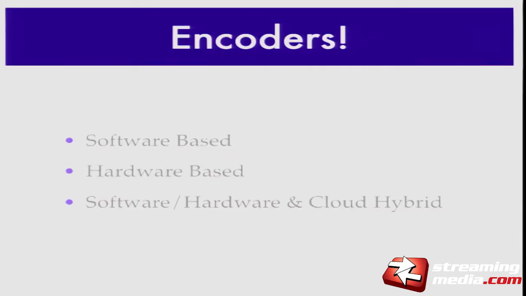So encoders, how do you actually get those formats up to your CDN so that your viewers can download it? There's pretty much, in my opinion, 3 different varieties. You have your software-based encoders, your hardware-based encoders, and then this cloud hybrid that is becoming increasingly popular.